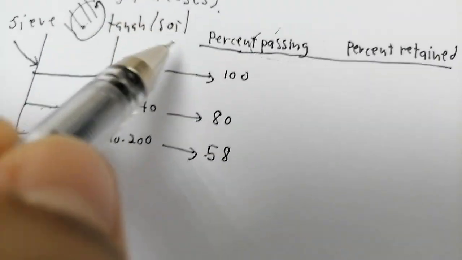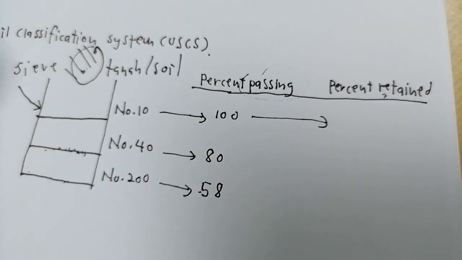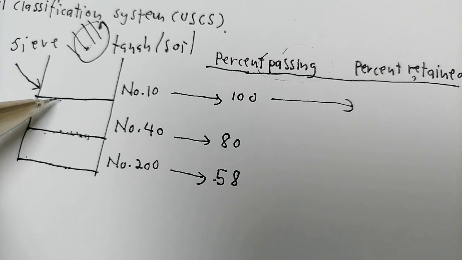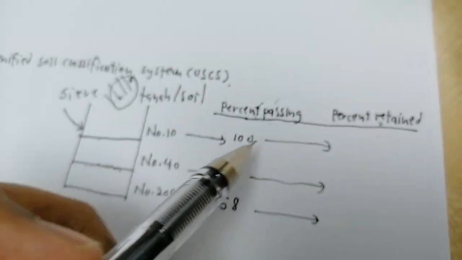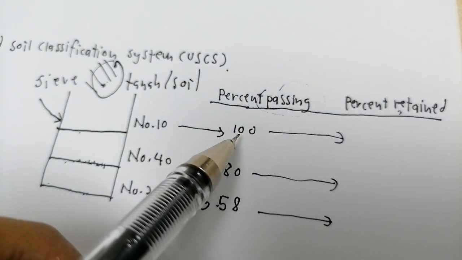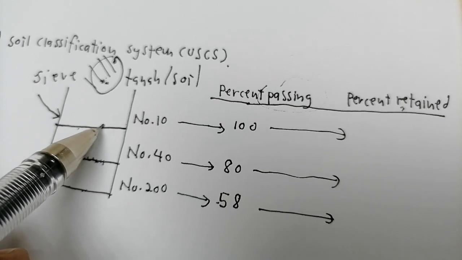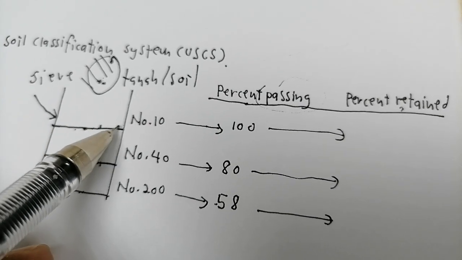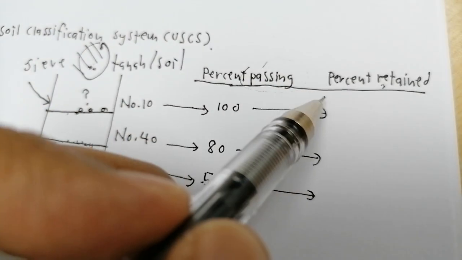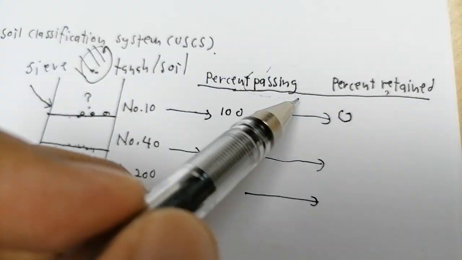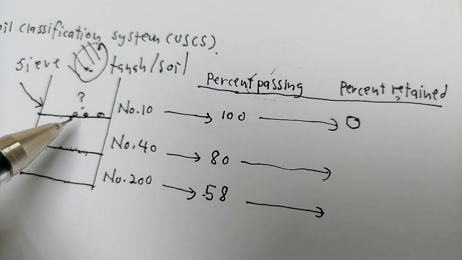Okay, kalau kita nak cakap pasal yang retained, yang tertahan, berapa agak-agak? Okay, so kalau yang passing is 100%, 100% tanah ni melepasi sieve number 10. So yang tinggal di atas sieve number 10 berapa? 0 lah kan? Sebab dah 100% melepasi.